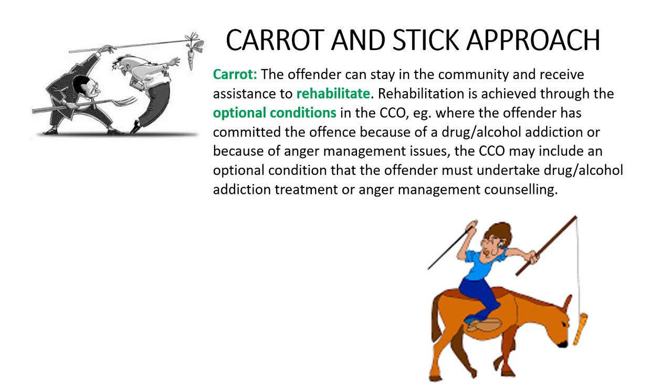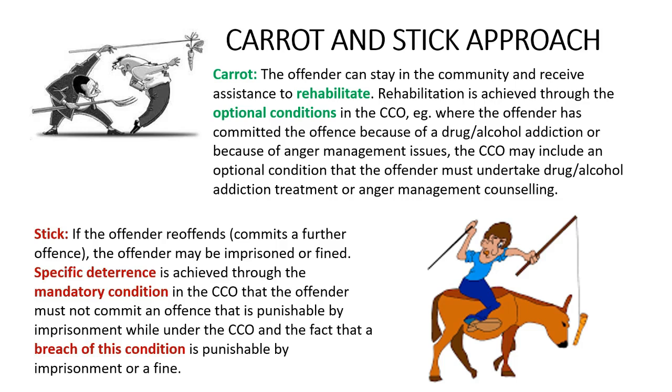On the other hand, in the context of a community correction order, the stick is the mandatory condition in the community correction order that the offender must not commit an offence that is punishable by imprisonment while under the community correction order, and the fact that a breach of this condition is punishable by imprisonment or a fine.